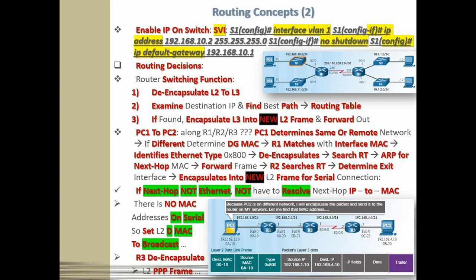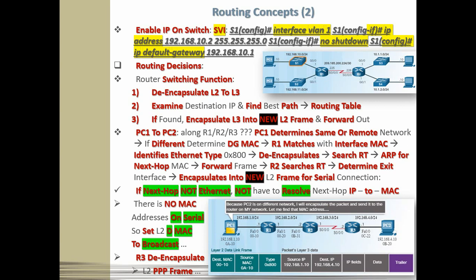But because the exit interface is not Ethernet anymore, R2 does not have to resolve the next hop IPv4 address with the destination MAC address.